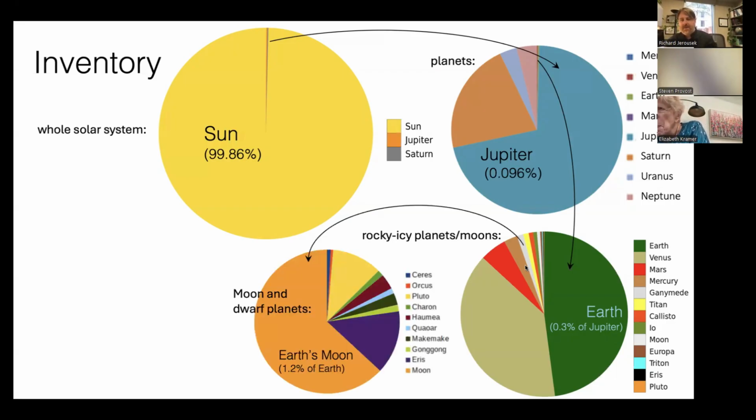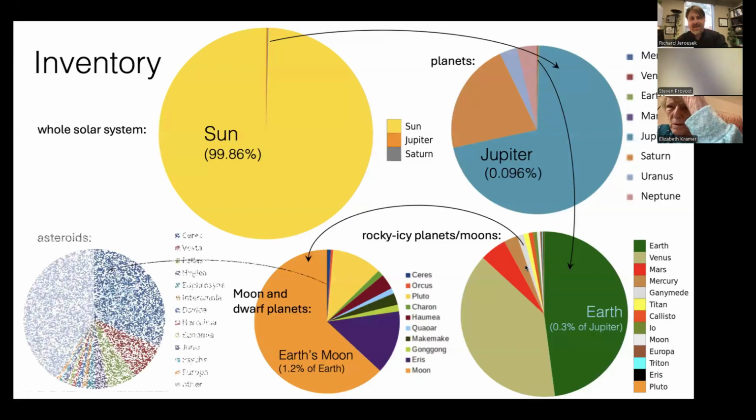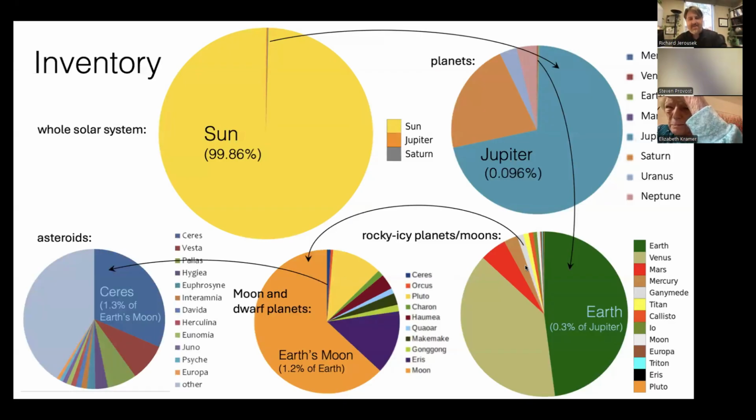And then if we look at the pie piece that is moons and dwarf planets, Earth's moon is most of that, right? So roughly 2/3 of what remains is in our moon. And if we break this down and look at the asteroids, you see asteroids represent roughly this tiny blue pie slice there.